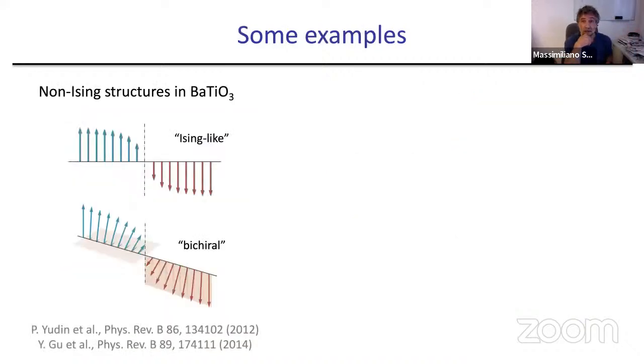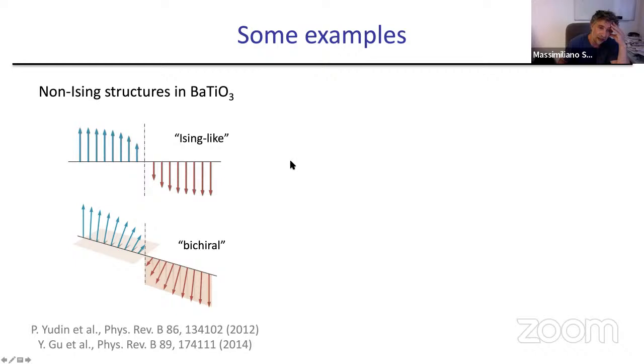So some examples of things that can happen at the domain walls, this is all well known. For example, it is quite curious that until a short time ago, the domain walls in typical ferroelectrics like barium titanate were assumed to be quite simple with an Ising-like structure, which means that the orientation of the polarization is just along one direction, and the polarization goes to zero right at the domain wall, and it doesn't acquire different components.